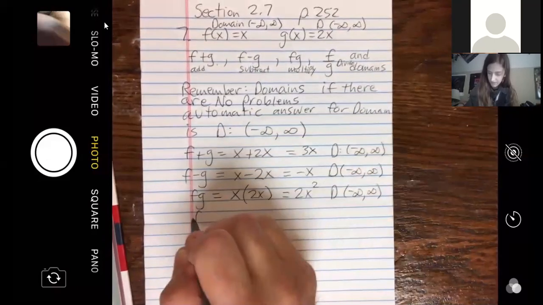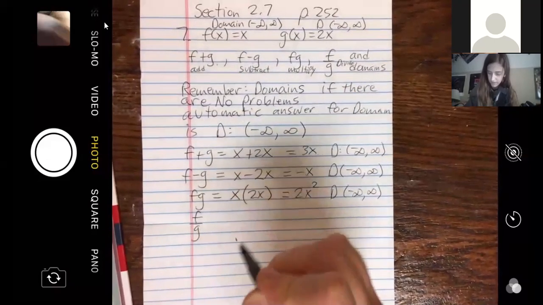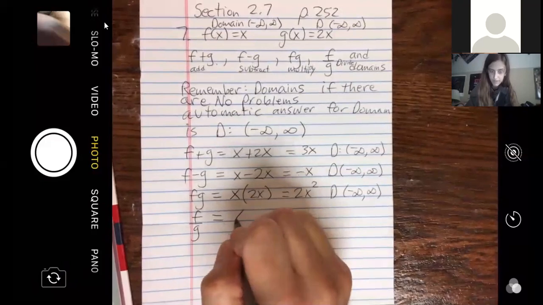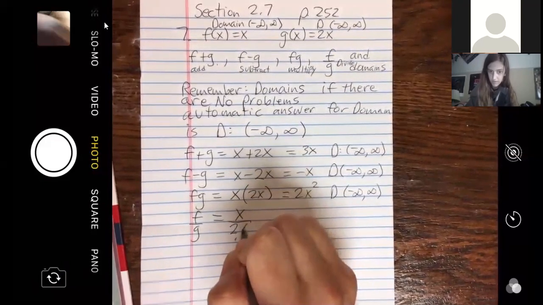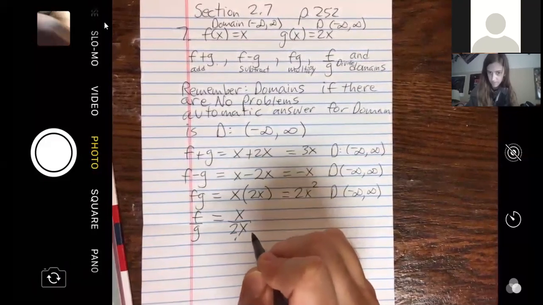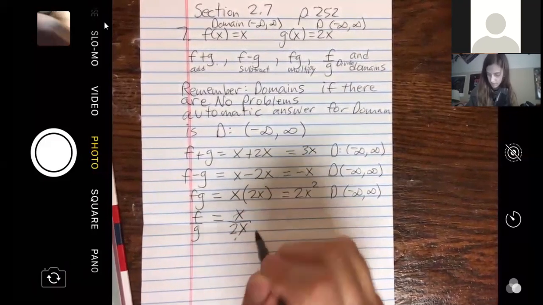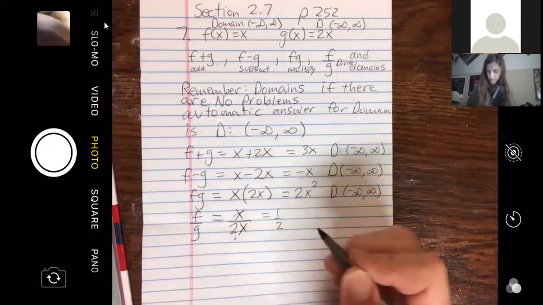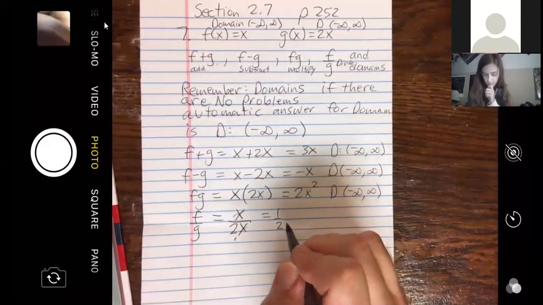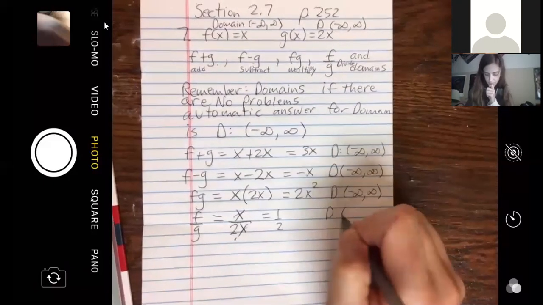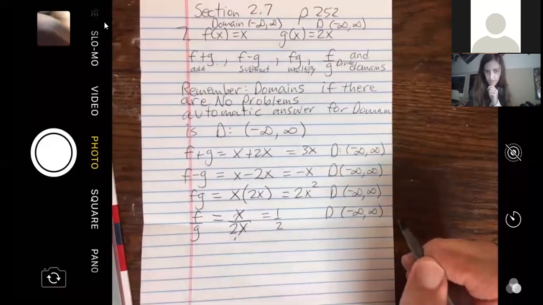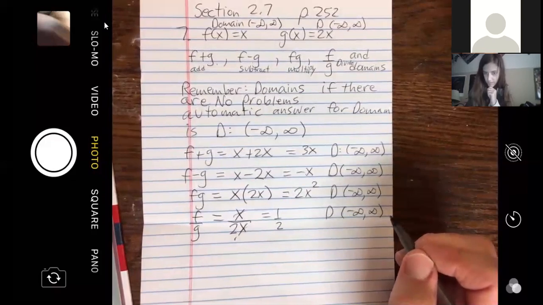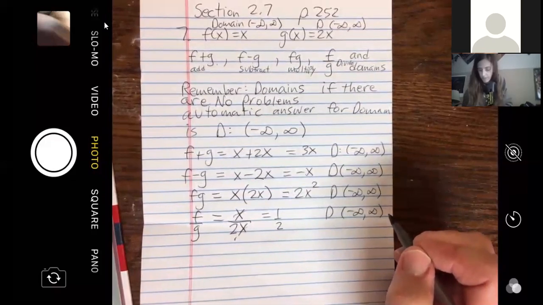So on the fourth one, when I take f divided by g, I would go ahead and cancel my x's, and that would leave 1/2. And once again, there's no problem with the domain. That makes sense.